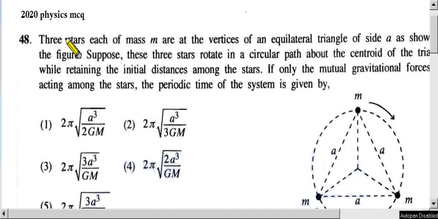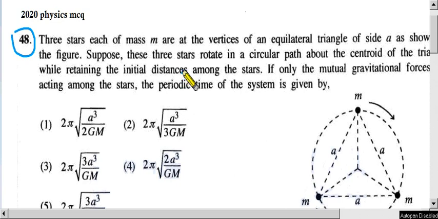Today I am going to discuss question number 48 of the 2020 Physics MCQ paper. Three stars each of mass m are at the vertices of an equilateral triangle of side A as shown in the figure.